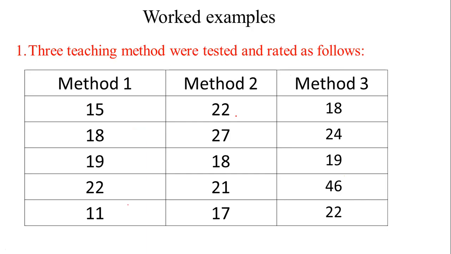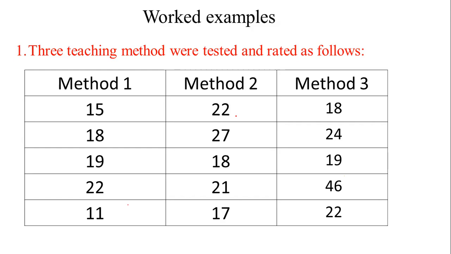But when you see how we are scoring these methods of teaching, like how much the student is scoring: 15, 18, 19, 22, and 11 in method 1. In method 2, we have students scoring 22, 27, 18, 21, and 17. And in method 3, students are scoring 18, 24, 19, 46, and 22.